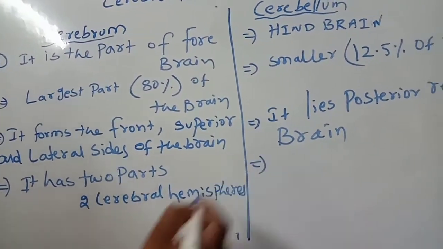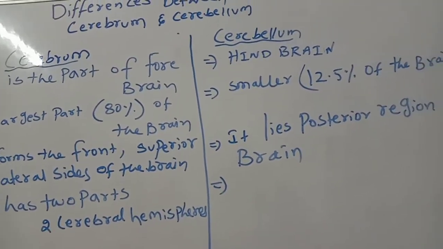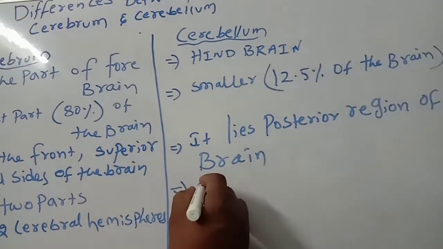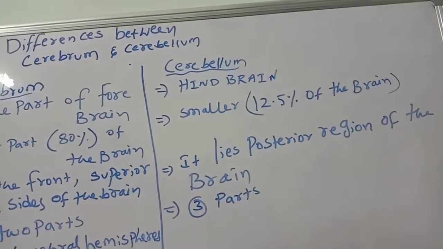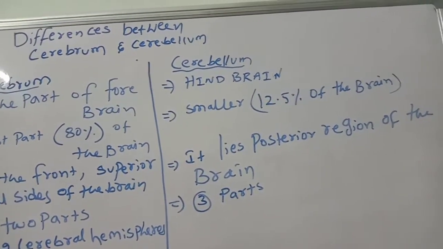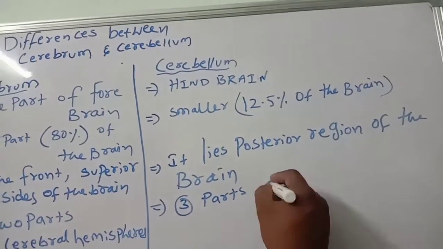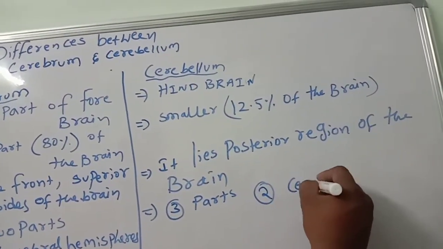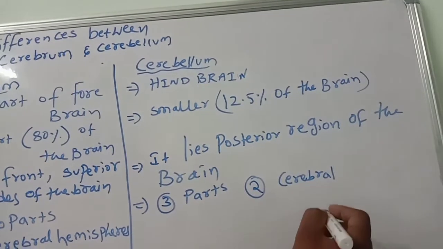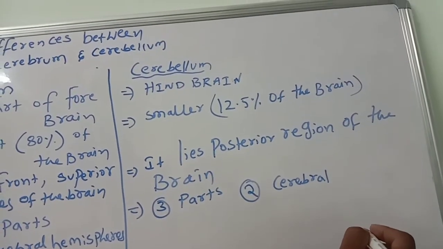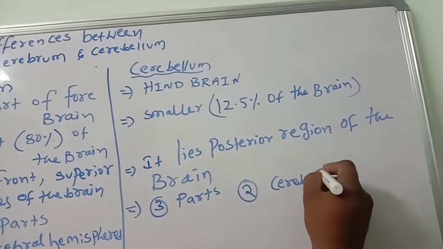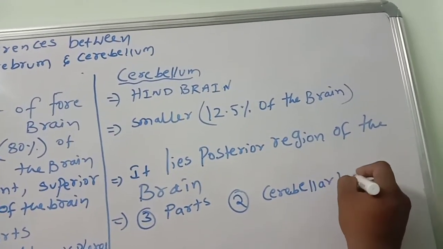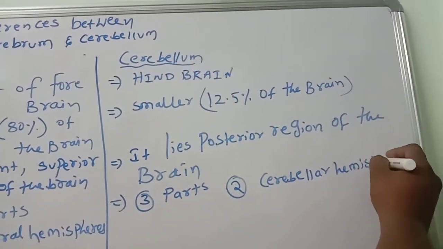What about the cerebellum? It has three parts. What are they? Number one, two cerebellar hemispheres.